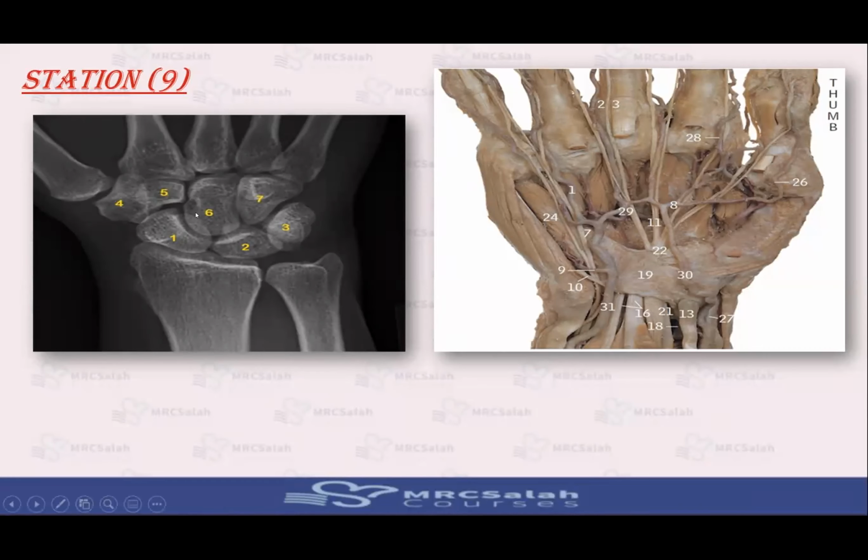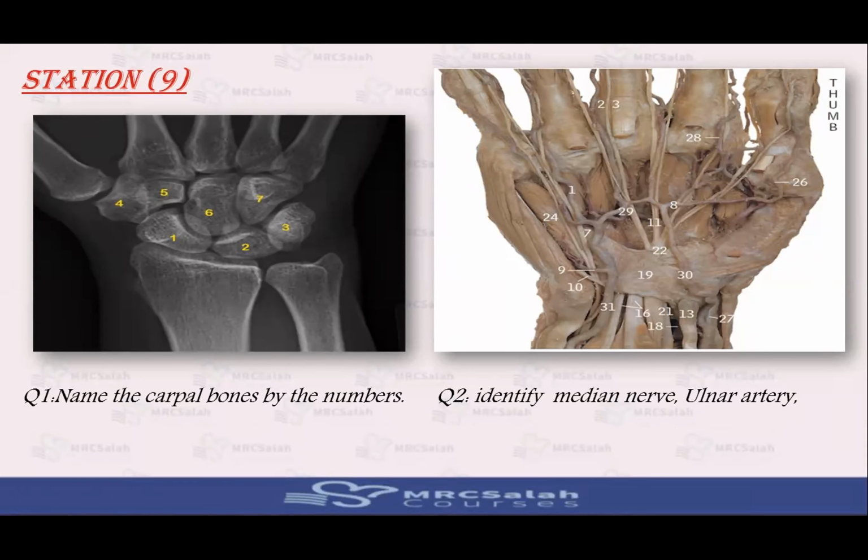Okay. We will start with you, Dr. Hiba. Can you please name the carpal bones by numbers? From proximal to distal and from lateral to medial. Number 3, it's pisiform. 2, triquetrum. Number 1, it will be lunate. And 2 is what?